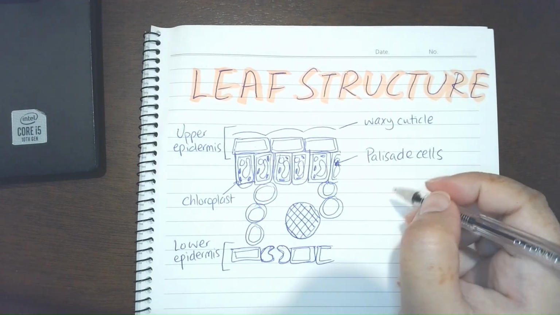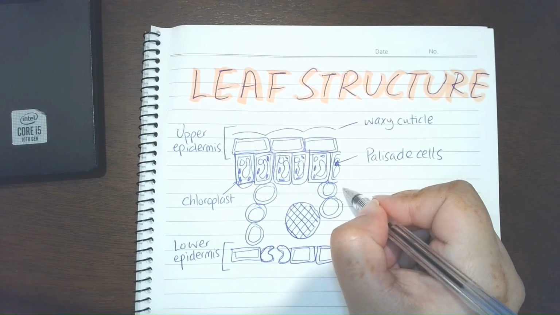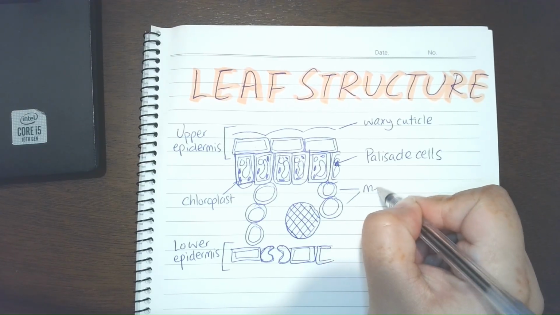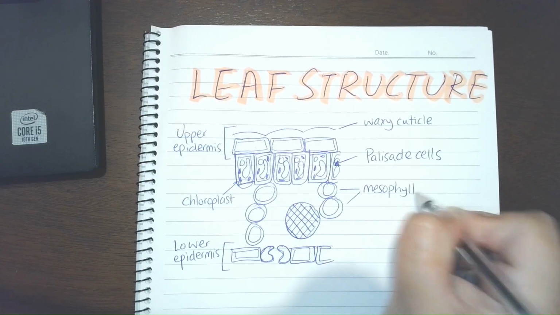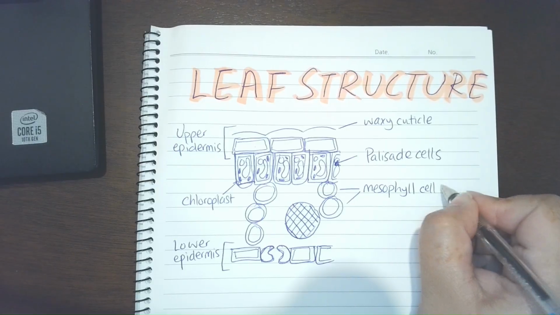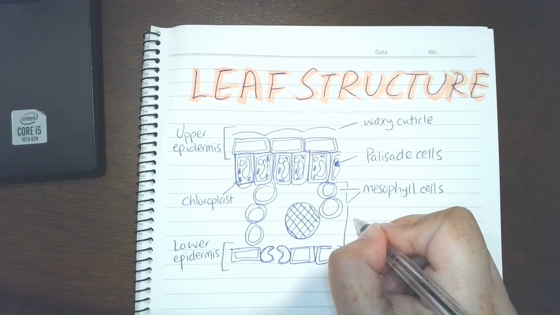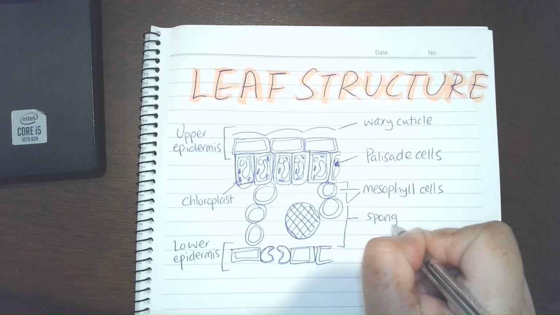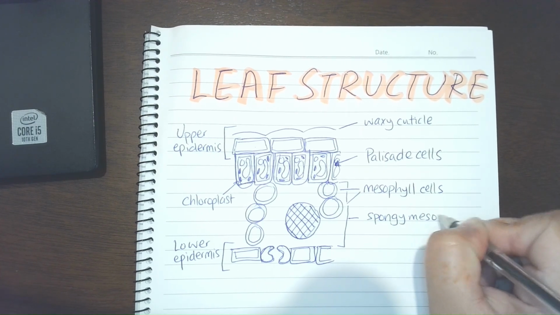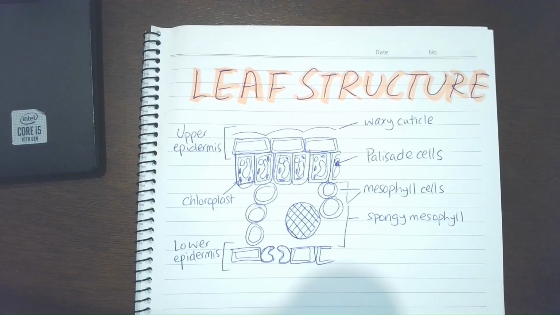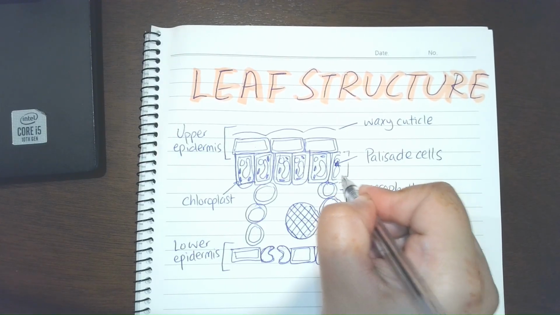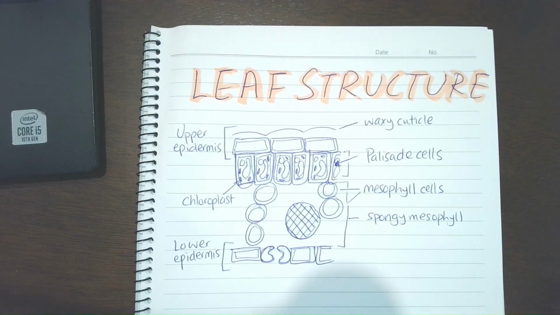Okay, now these circular ones are called mesophyll cells, because this whole layer over here is called the spongy mesophyll layer. Okay, this layer over here is your palisade layer, or palisade mesophyll.